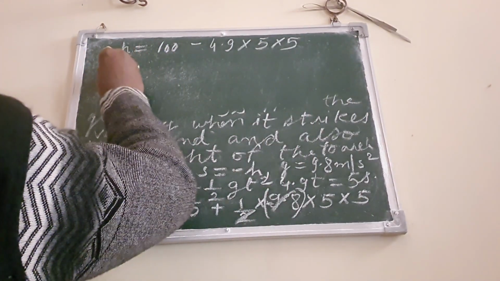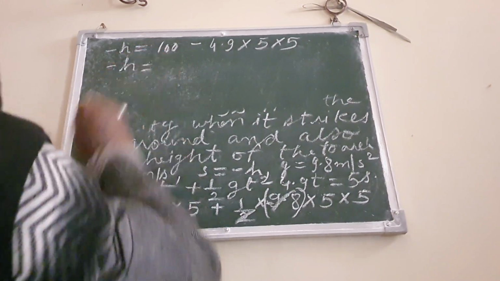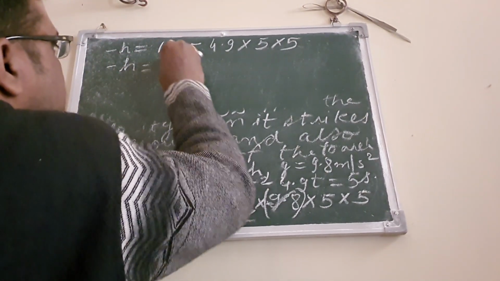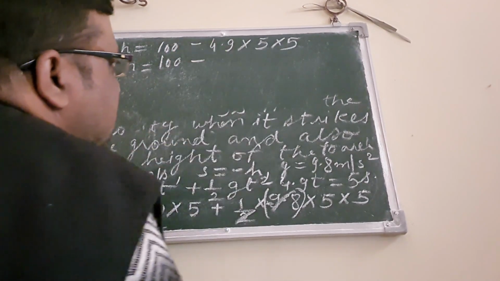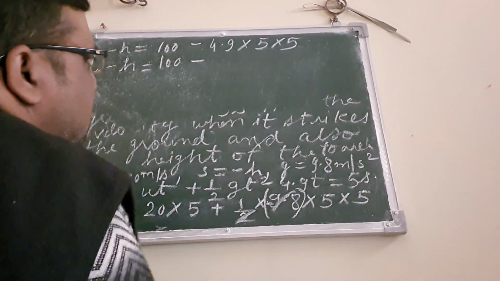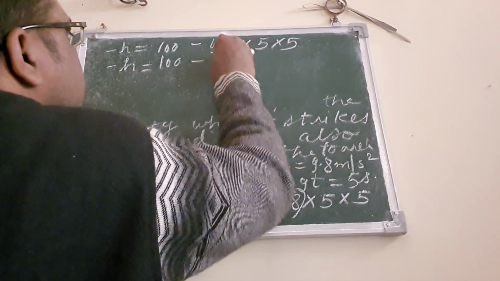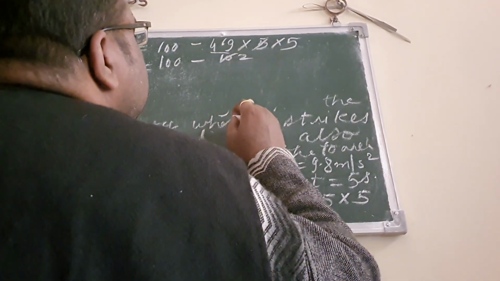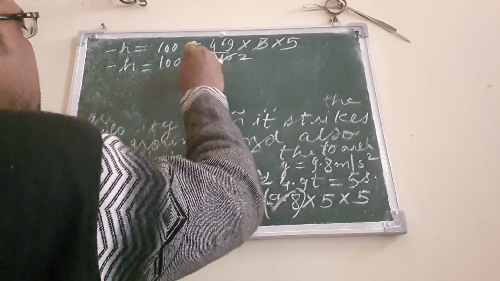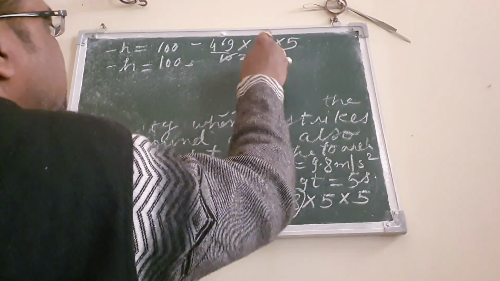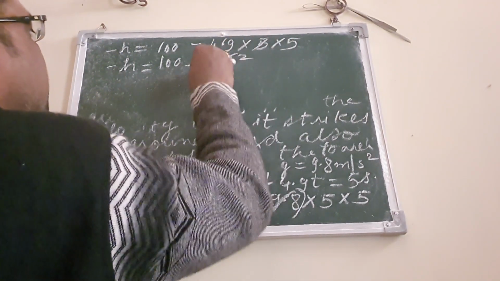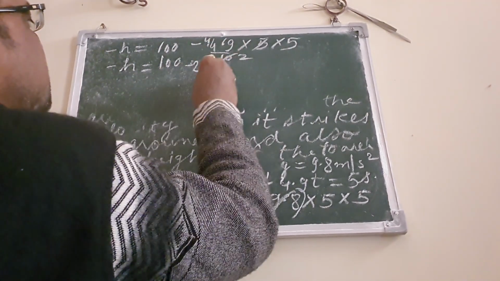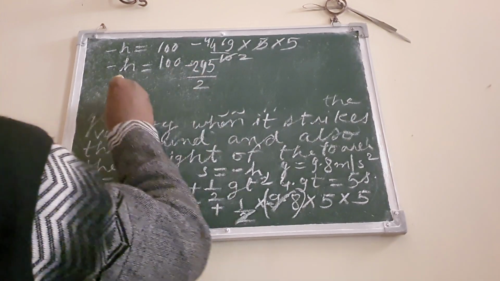So here it is 100 minus 49 into 5 by 10, so it simplifies and becomes 2. So 5 nines are 45, so it is 45 by 2.